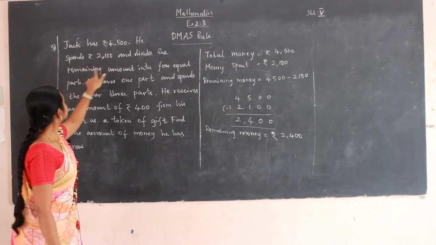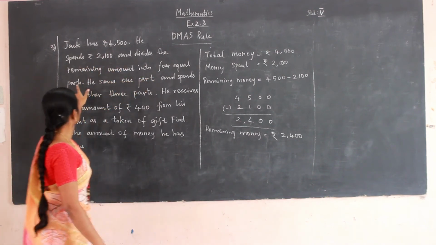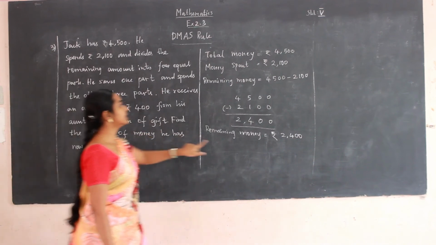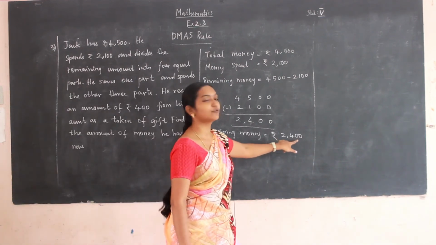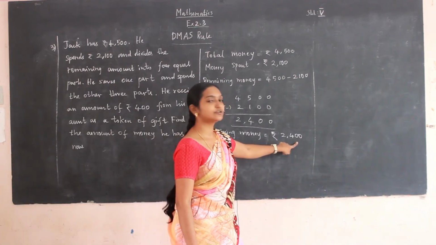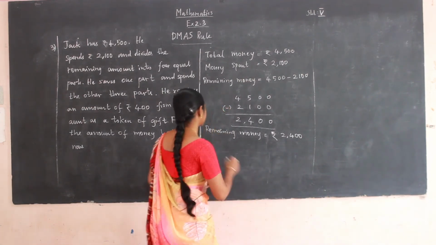He divides the remaining amount into 4 equal parts. Now the remaining money is rupees 2,400. We have to divide it into 4 equal parts.